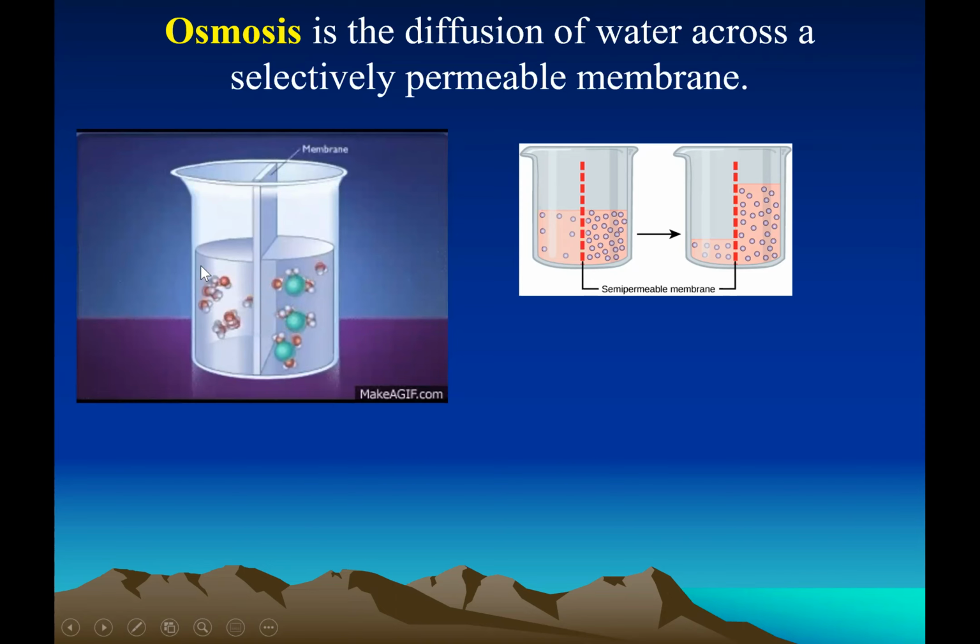There's more water on the left side, so water is going to move from high concentration to low concentration. You can see how the water level is rising on the other side. So the movement of water across a selectively permeable membrane is called osmosis. Again, it does not use ATP.